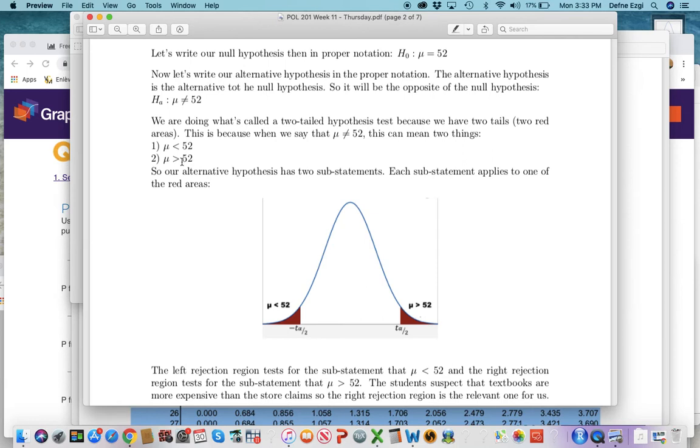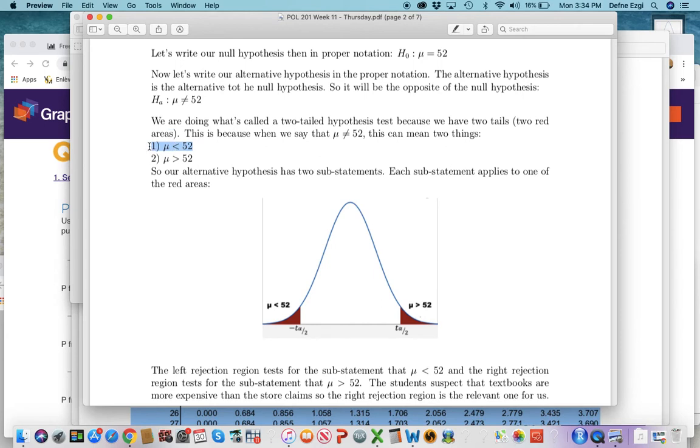And in order to do a complete hypothesis test, we need to consider both of these substatements. So even though our sample is only in the right rejection region because our sample t-score was positive 1.78, we also have to not ignore the first substatement.